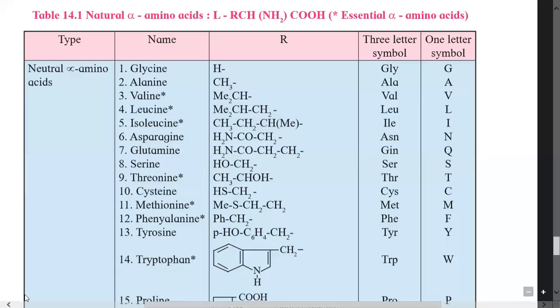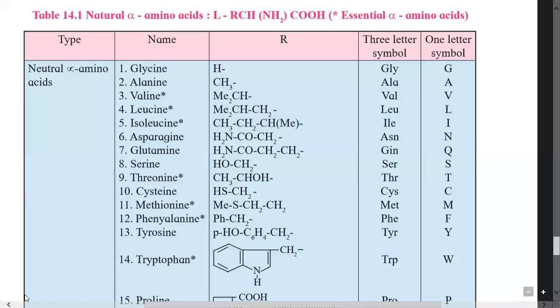The 3-letter symbol is the first 3 letters of the name, VAL, and the 1-letter symbol is V. The fourth is again an essential amino acid. It is leucine, and the R group is Me2CHCH2. The 3-letter symbol is LEU, and the 1-letter symbol is capital L.